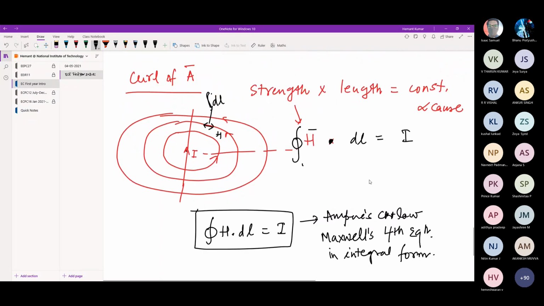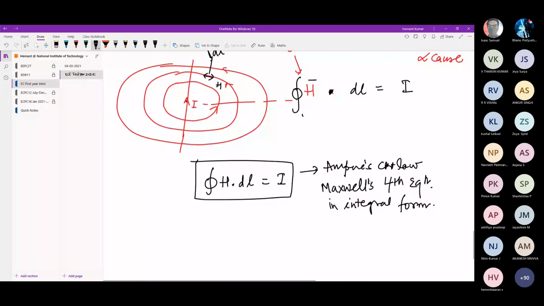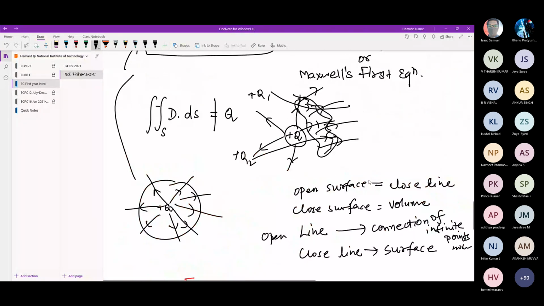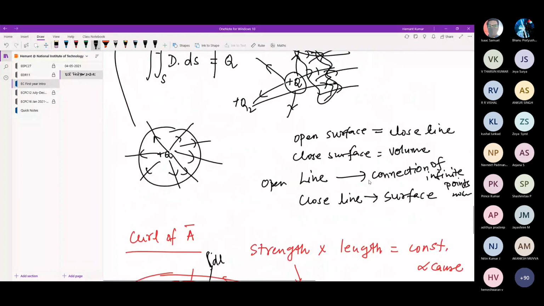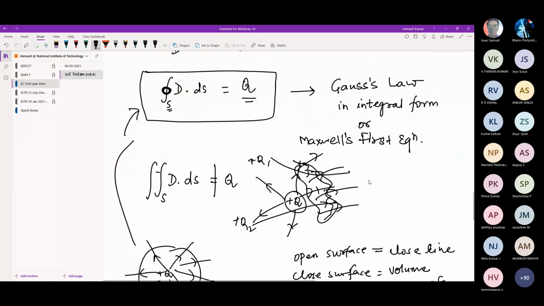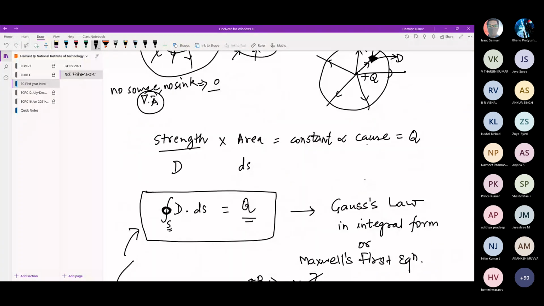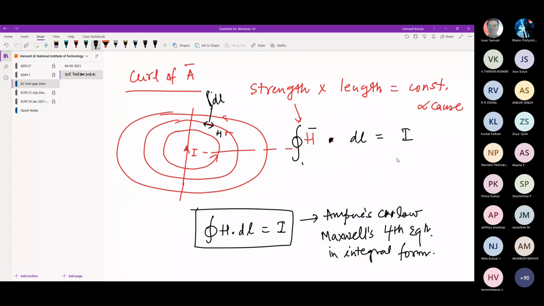Any doubt in these two equations? So now you should ask me, sir, you have talked about del dot A and del cross A, but here no such term has appeared till now. Here I have said that the closed surface integral D dot ds equals Q. Here I have said H dot dl is equal to I, but there is no such term coming, meaning curl and divergence, right?